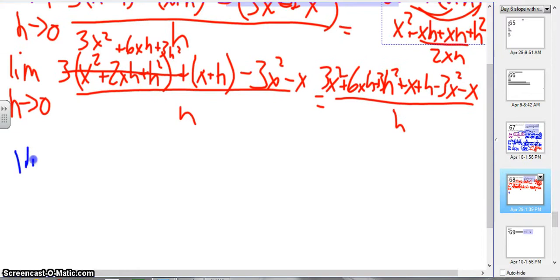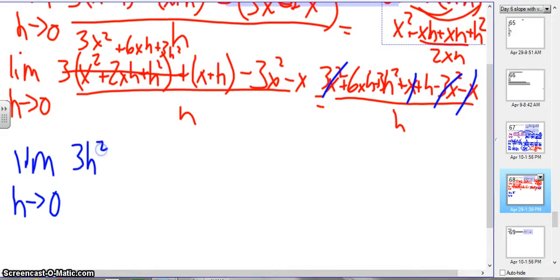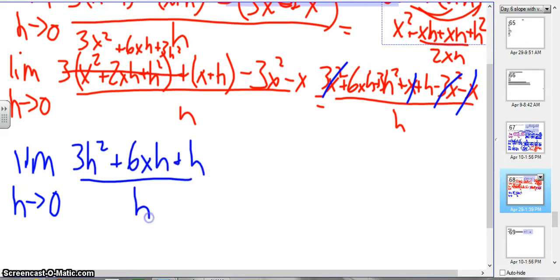Again, limit as h approaches 0. All right, let's see. The 3x squareds are going to cancel. This x is going to cancel with this x. I don't see anything else that cancels. When I rewrite things, I always like to do the highest power first. So I'm going to write the 3h squared first, then plus 6xh and then plus h, all over h.